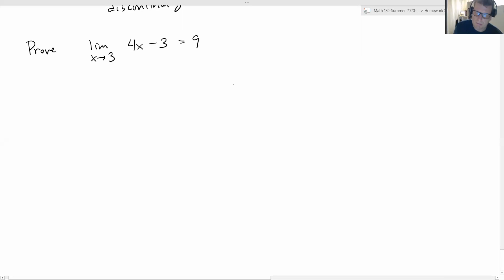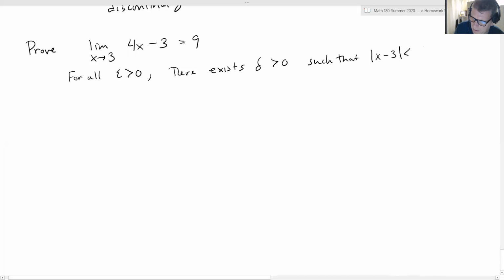And so what I want to do is show that for all epsilon greater than 0, there exists delta greater than 0 such that the absolute value of x minus 3 less than delta implies that the absolute value of 4x minus 3 minus 9 is less than epsilon.